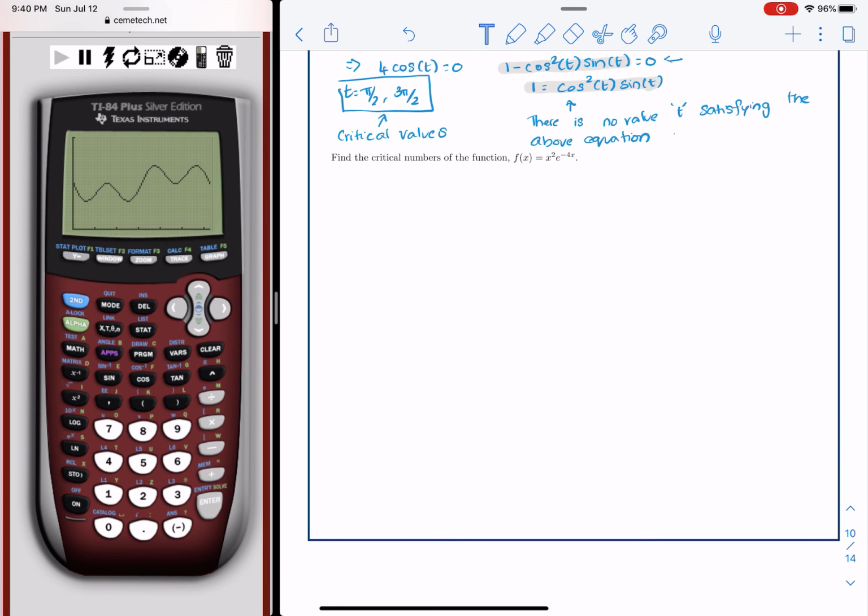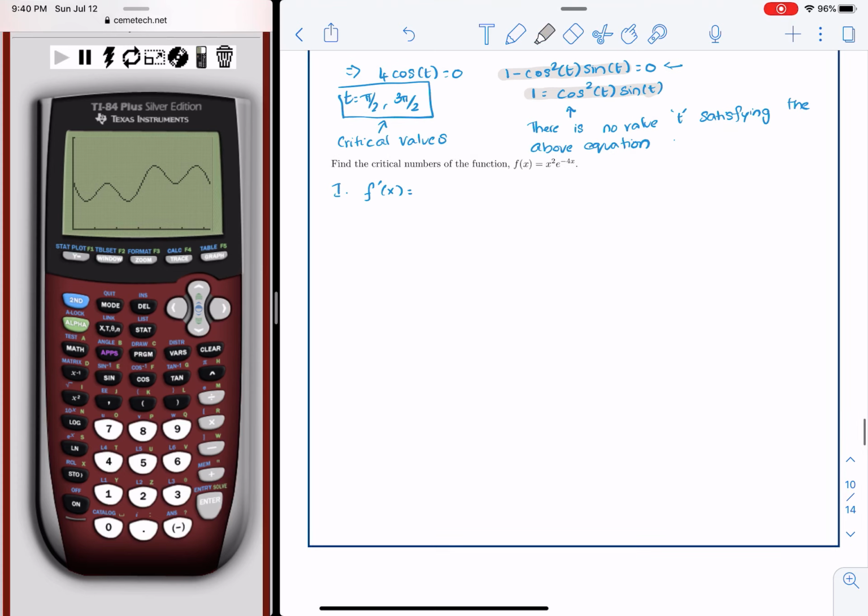Here is another function that has exponentials and a regular quadratic function. So the very first step is to find the derivative. Here we have u and v, it's a product of two functions, so we have to use the product rule.